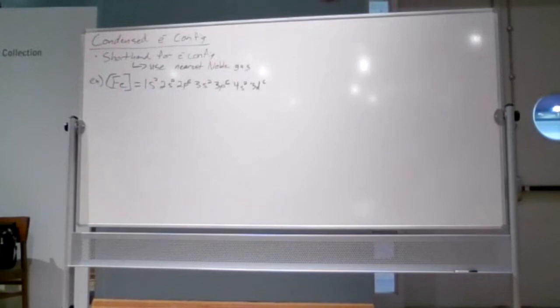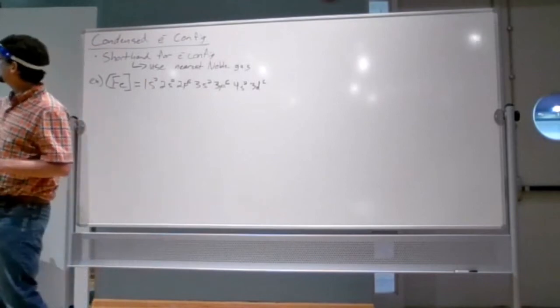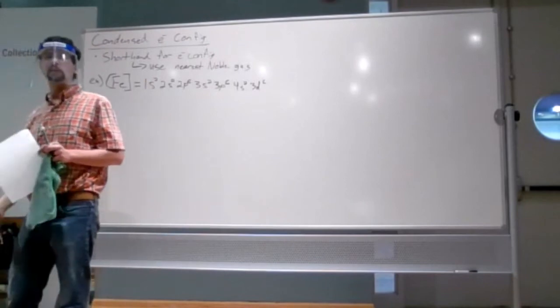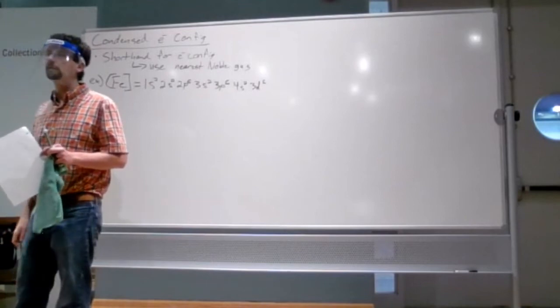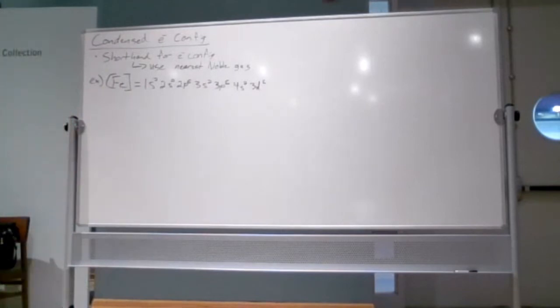Where are the noble gases located again? Yeah, the very last column. Could you tell me an element that's a noble gas? Yeah, argon. Okay, now we need to look at iron. Iron's at atomic number 26 here. And we've got to find a noble gas that has that many electrons or less. What is the nearest noble gas to iron? Yeah, argon.